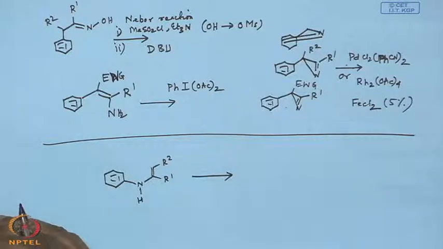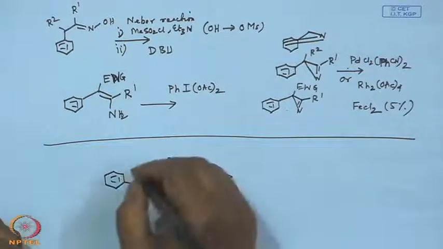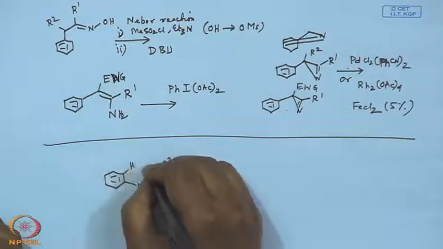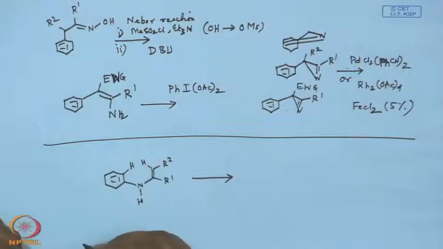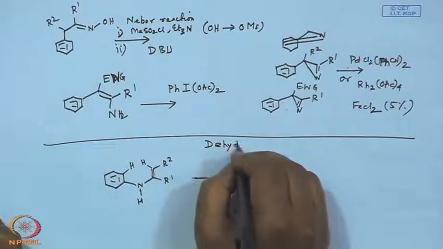What reagent would you like to use? If you just do a little bit of atom counting, what you will find is that it actually removes 2 of these indicated hydrogens. So, that is the reason this is known as dehydrogenative.